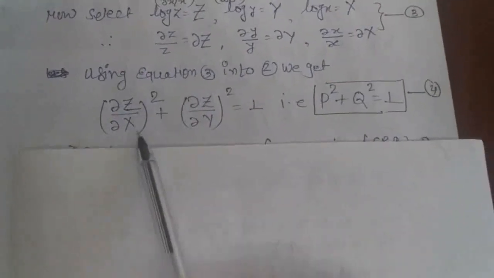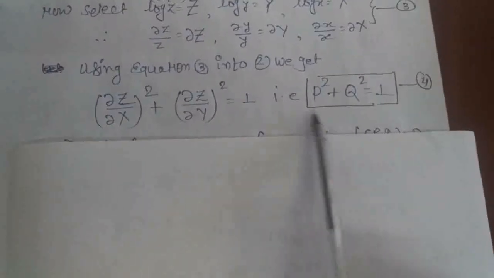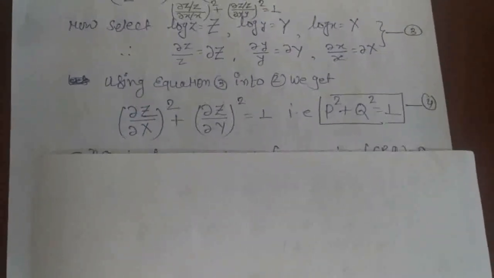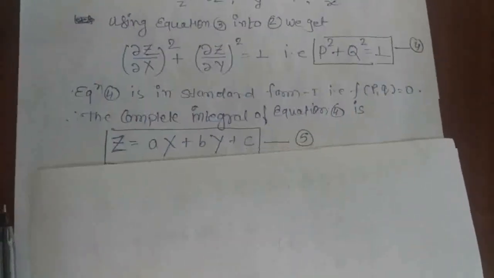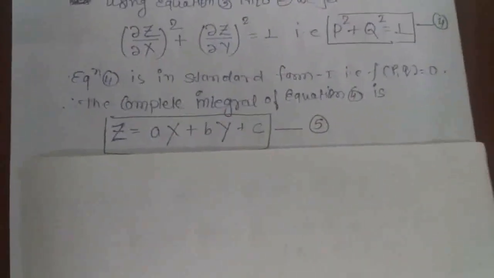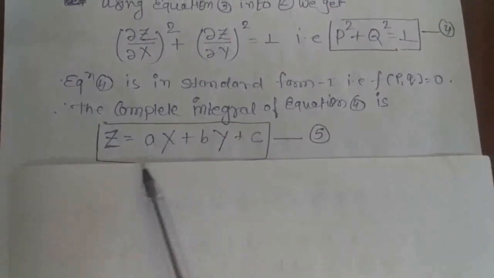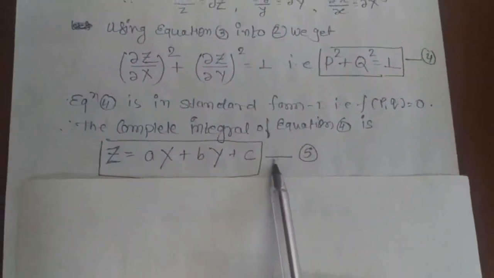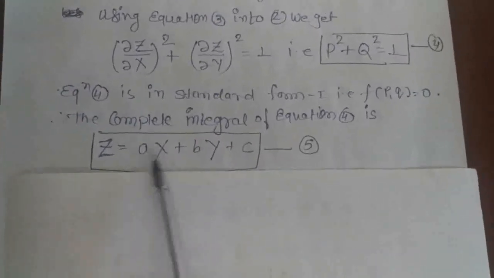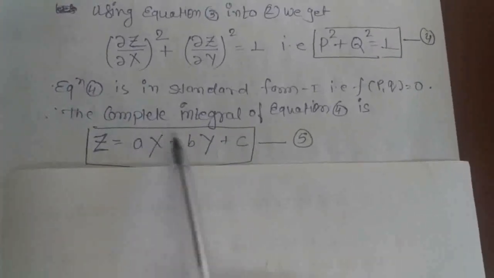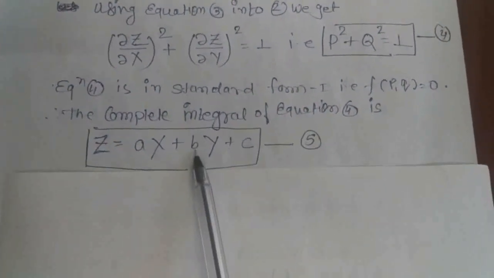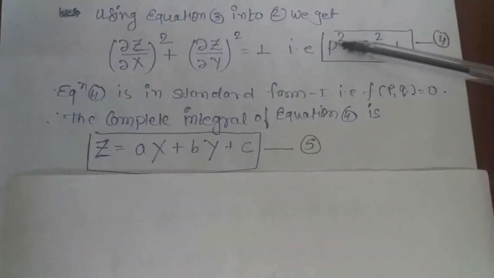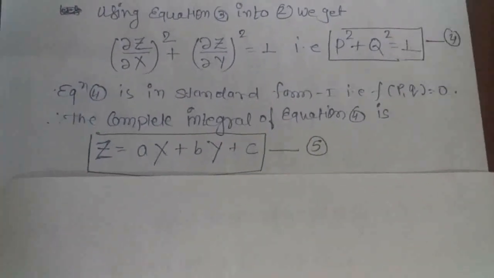But here we have capital Z, capital X and capital Y. Therefore, the complete integral of equation 4 is capital Z equal to a capital X plus b capital Y plus c, where a, b, c are arbitrary constants and a and b are connected by a relation, and that relation can be obtained by putting p equal to a and q equal to b in equation 4.